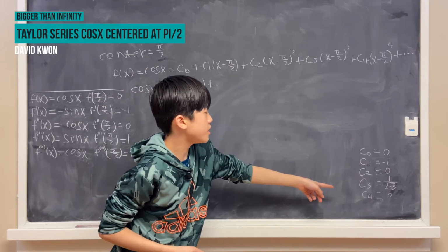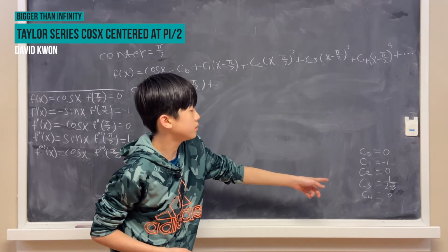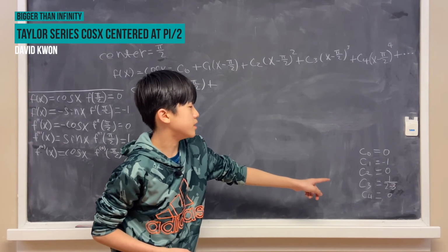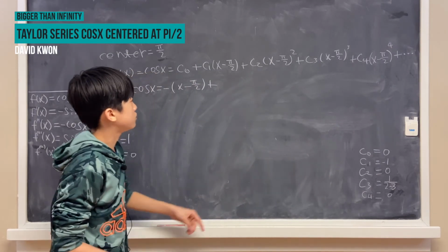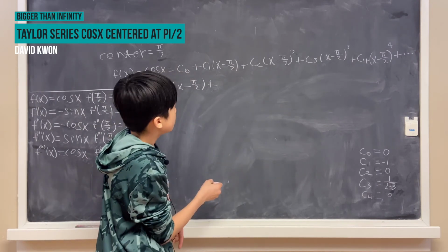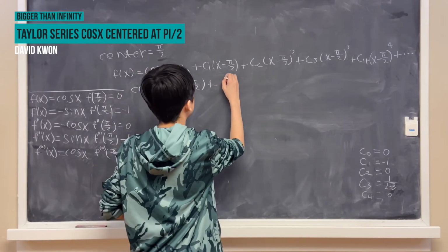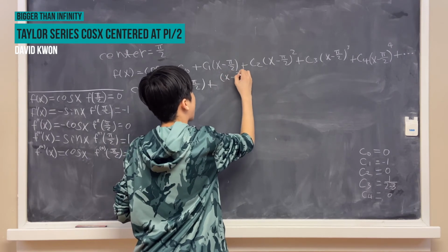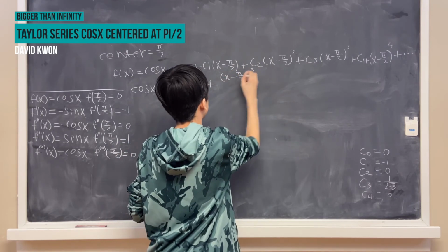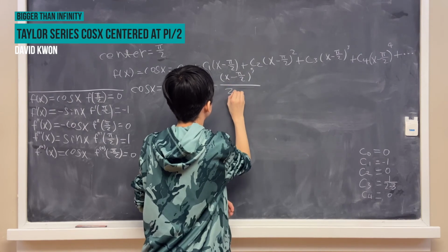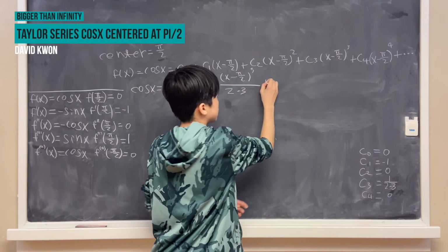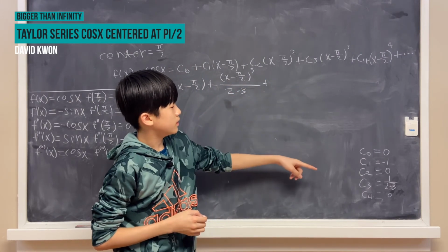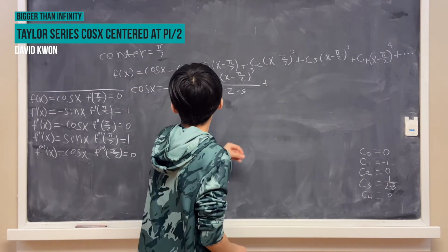Plus c sub 3, which is equal to 1 over 2 times 3, so we have x minus pi over 2 to the power of 3 over 2 times 3, plus c sub 4 is just 0, so nothing goes there.